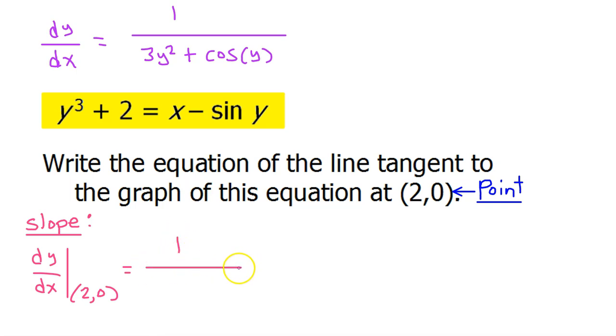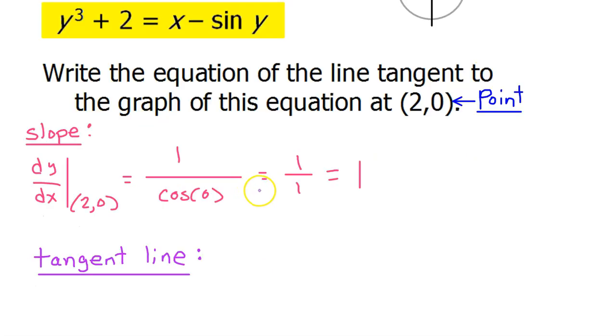So we have 1 over, plugging in 0 for y right here is going to wipe this term out, so that's just gone. So I'm going to go ahead and show this step, cosine of 0. Cosine is the x value on the unit circle, and at 0, which is right here, the x value is 1. So the slope is 1 over 1, which is 1.